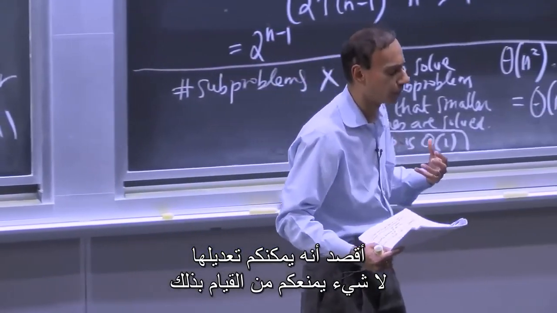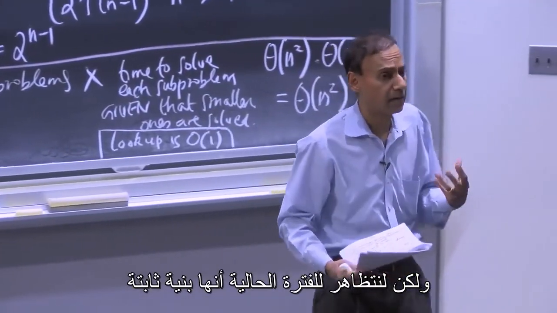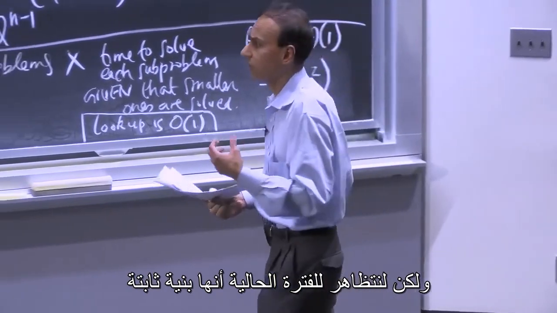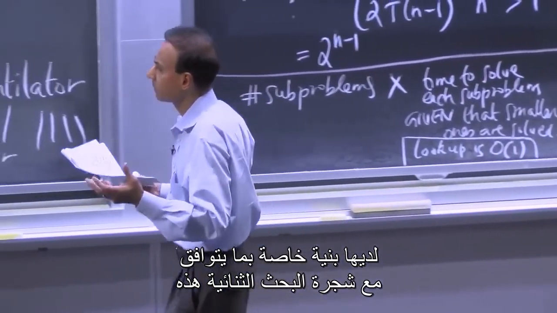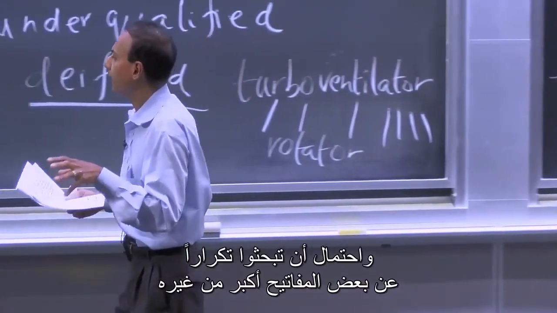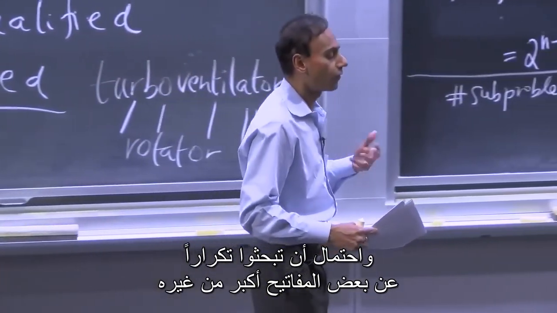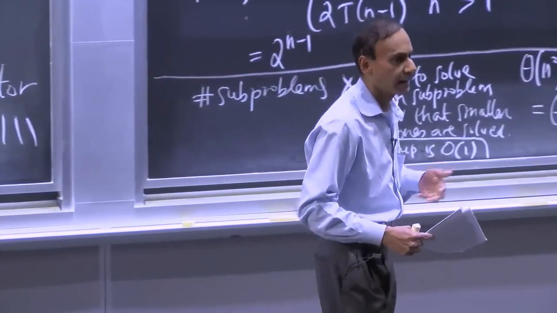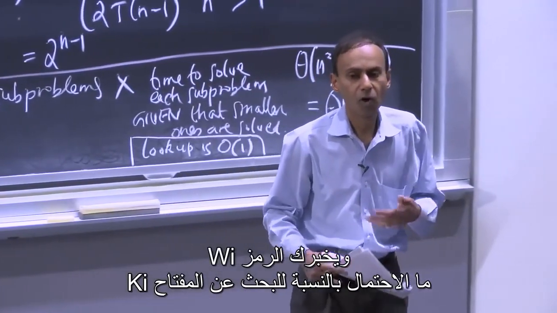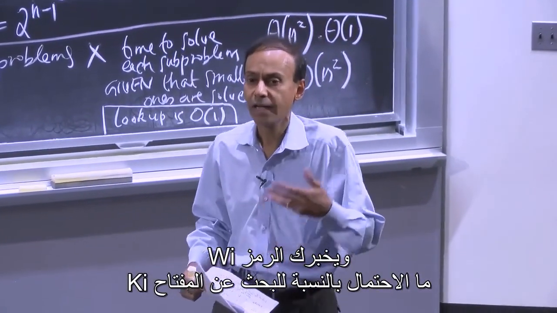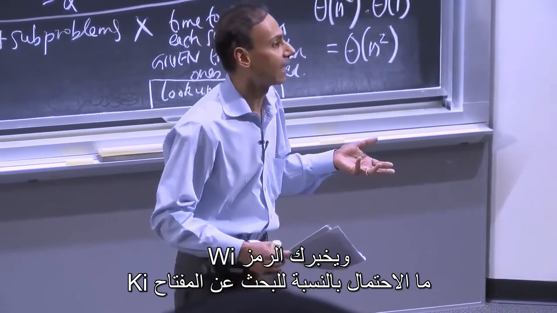There's nothing stopping you from doing that, but let's just pretend for now that it's a static structure corresponding to this BST, has a particular structure, and chances are you're going to be searching for some keys more frequently than others. And the Wi's tell you what the probabilities are in terms of searching for a particular key, Ki.